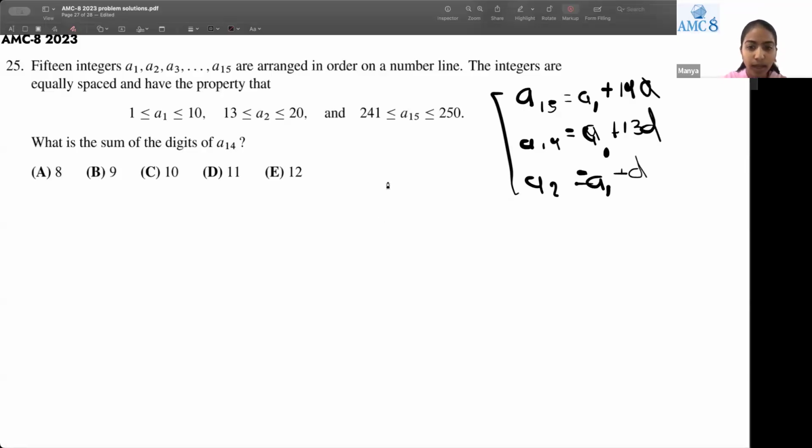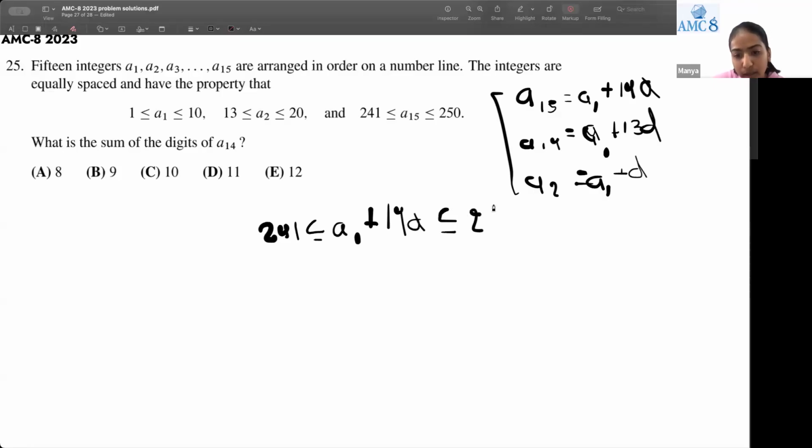So we know that 241 must be less than or equal to A1 plus 14D, and we got this because A15 is equal to A1 plus 14D. So A1 plus 14D must be greater than or equal to 241, but less than or equal to 250. And now we can substitute the value of A1 for this.